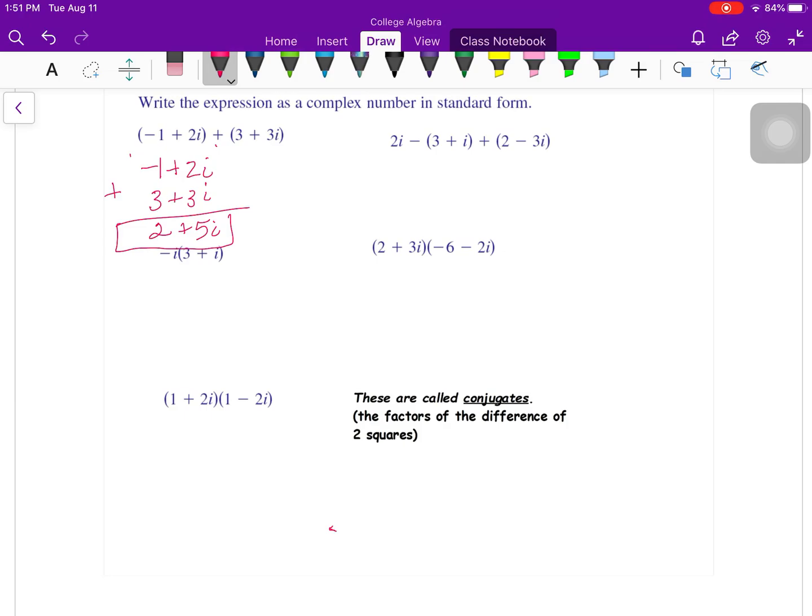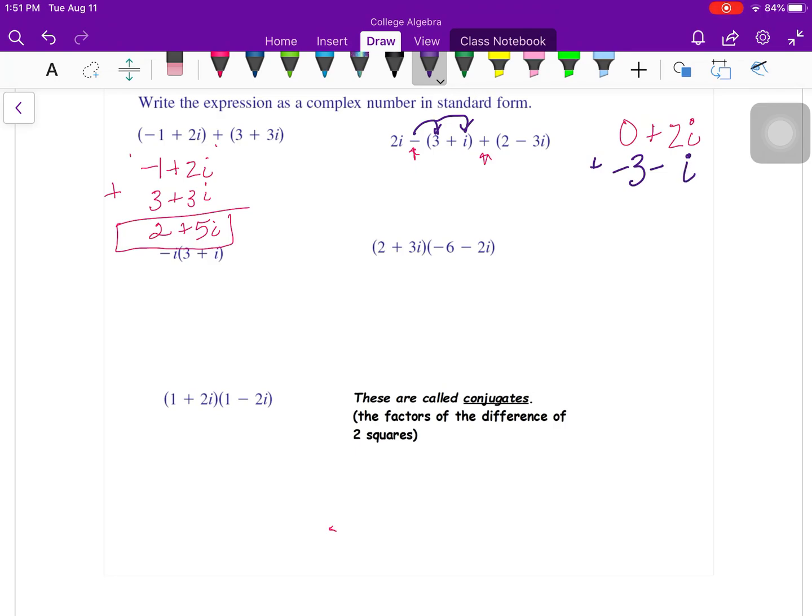On this one, I'm subtracting and I'm adding. So in this first part, my real part is 0, plus my imaginary part is 2i. In this next part, I'm going to change it to add the opposite. So I'm going to have to distribute this negative through. So I get plus negative 3 minus i.